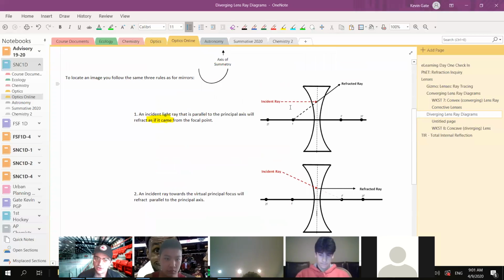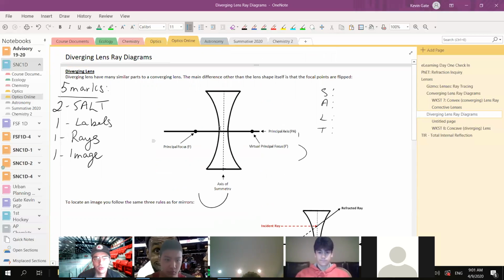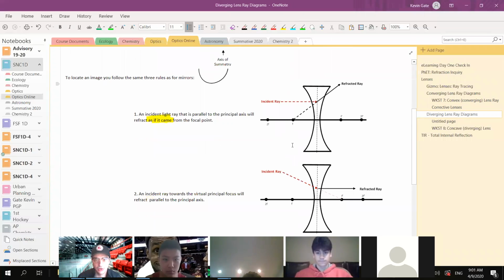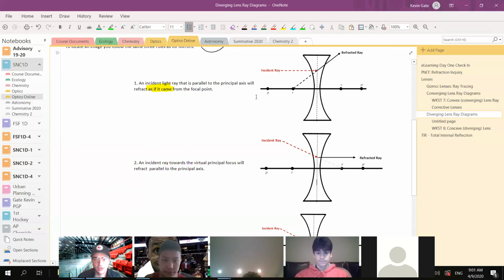So an incident ray traveling parallel, let me make one quick point clear before we move forward. In this case, the focal points flip. So this is now what we would call the principal focal point for a diverging lens, and this is the virtual focal point.